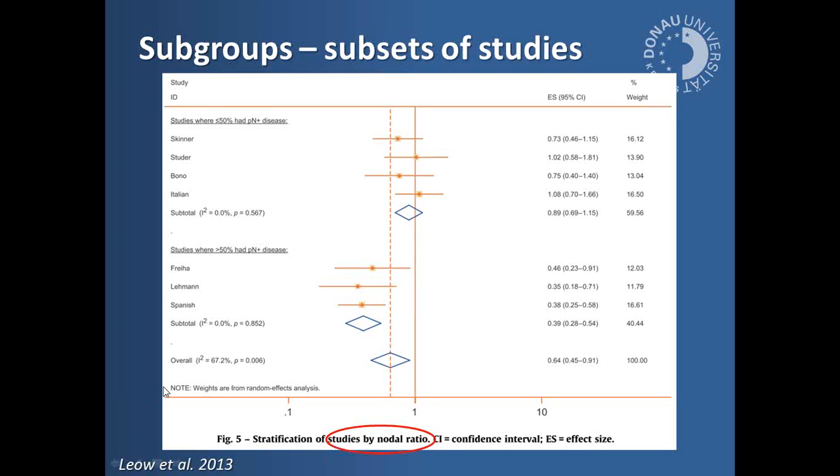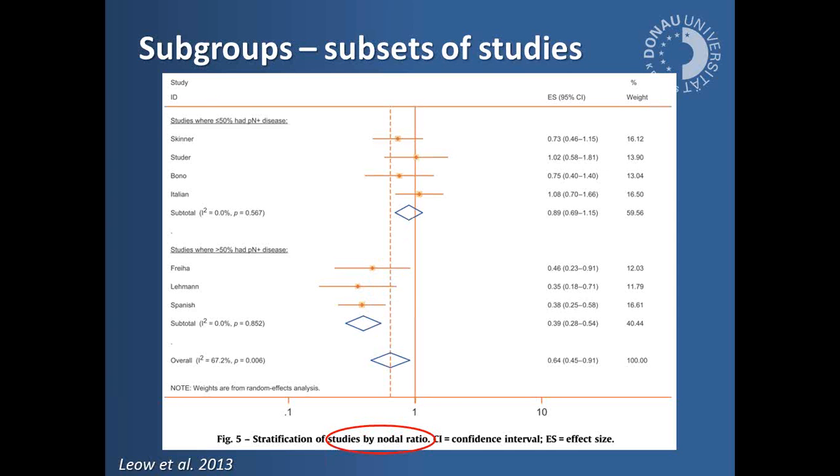What is interesting, investigating heterogeneity, is that overall we have quite high heterogeneity, and if we stratify now, doing subgroups of studies with less than 50% lymph node positive patients and studies with more than 50% lymph node positive patients, we have no statistical heterogeneity and we see a really different effect. So now the question is, do patients with lymph node positive disease profit more from the adjuvant chemotherapy?